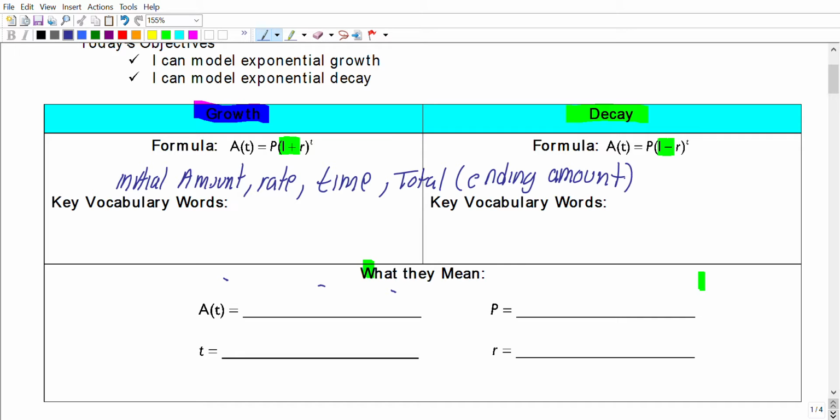And notice I'm putting it all the way across that table, because that corresponds to both formulas.